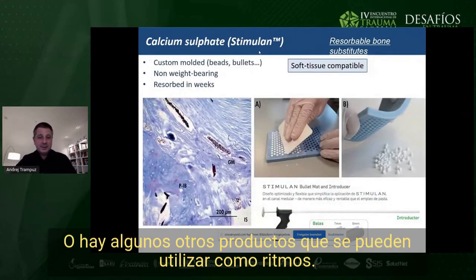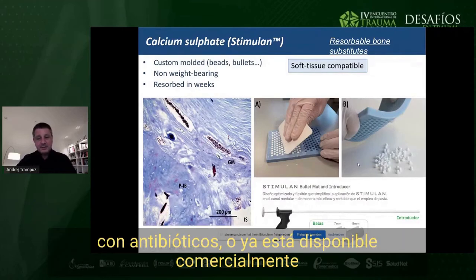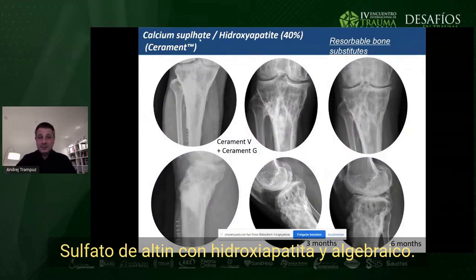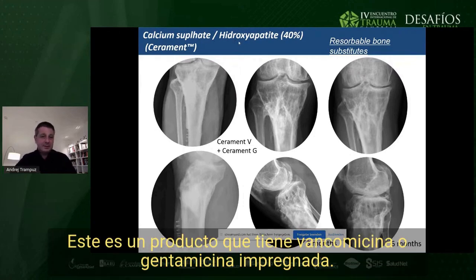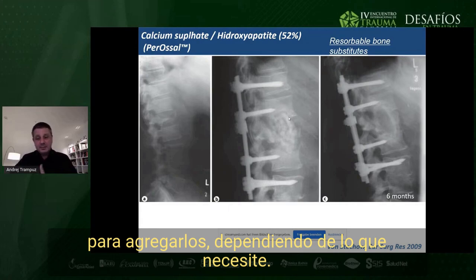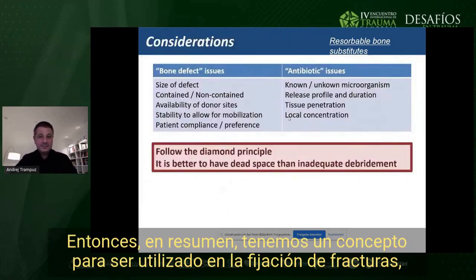Or there are some other products which can be used as beads with antibiotics, or there is already commercially available calcium sulfate with hydroxyapatite and antibiotics. This is one product which has vancomycin or gentamicin impregnated, or there is another product which can be used for antibiotics to add them depending on what you need.